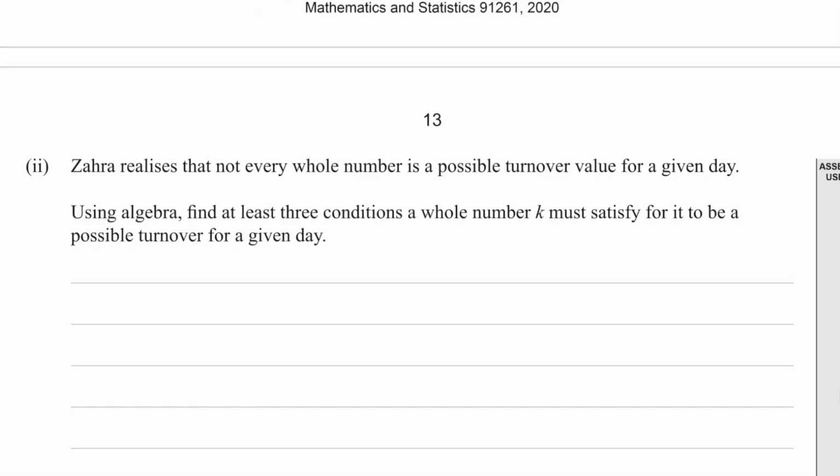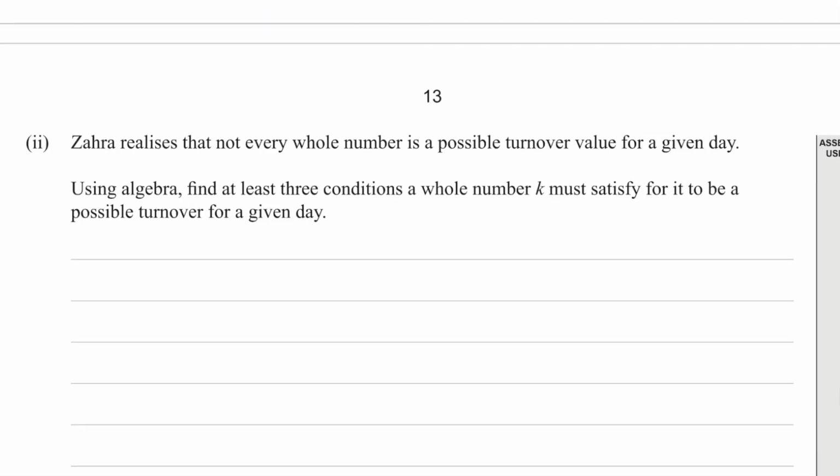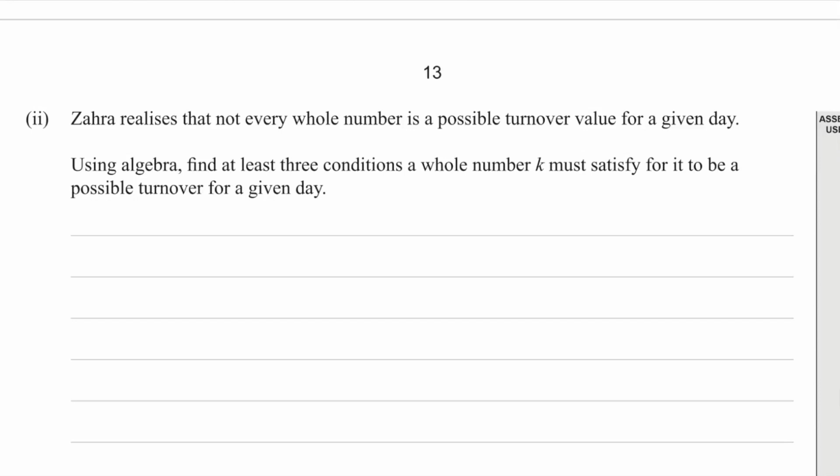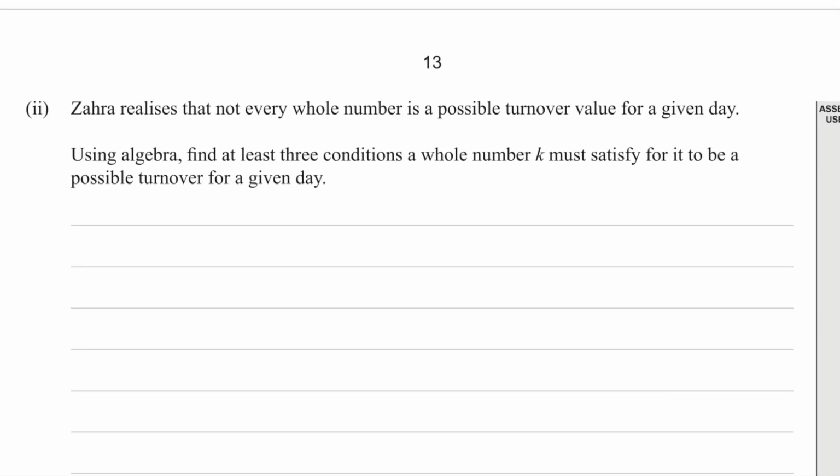Now part 2. Zara finally realizes that not every whole number is a possible turnover value. So she would have gone to level 2 calculus and done some algebra to work this out.